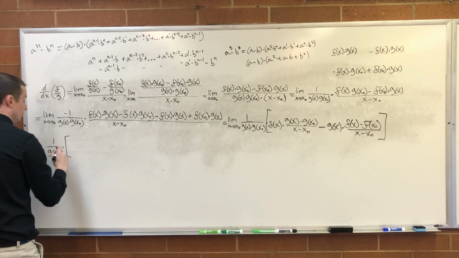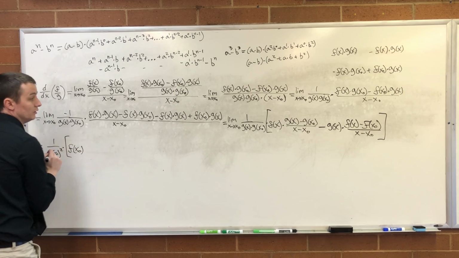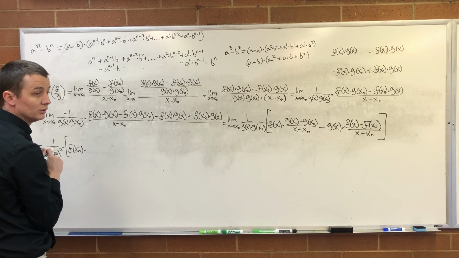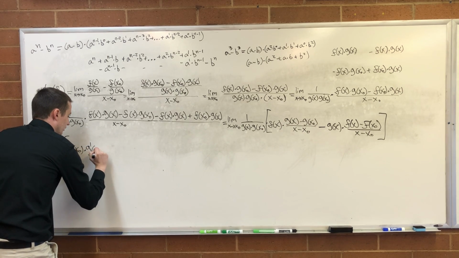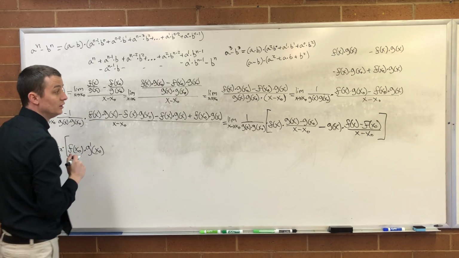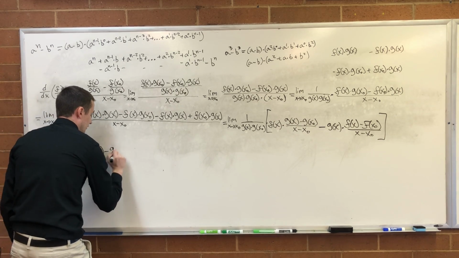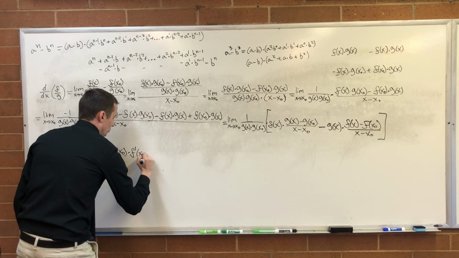That is f of x naught times g prime of x naught. Perfect. Oops, that's a negative 1. Subtract g of x naught times f prime of x naught. Perfect.